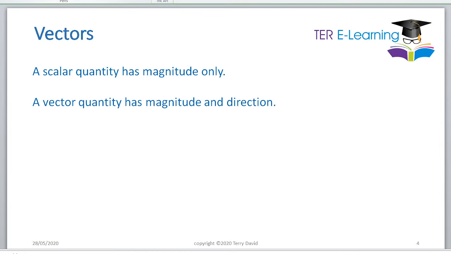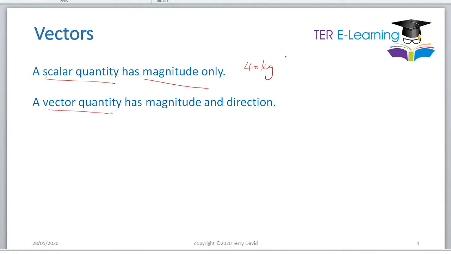The first thing you all need to understand is the concept of a vector. I know some of you out there do physics as well. We have two types of quantities: scalar quantities and vector quantities. Scalar quantities have magnitude only, meaning they just have a number. Let's say the mass of a person is 40 kilograms.